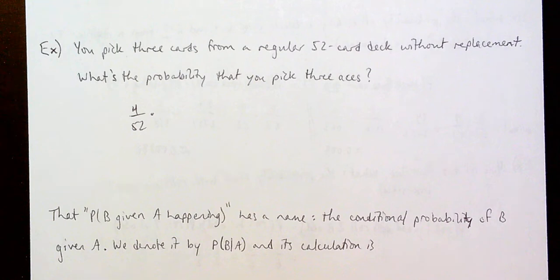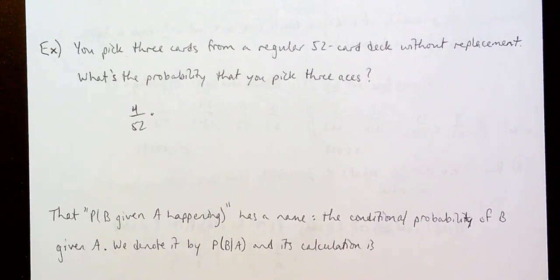You're now on your second draw. What's the probability of picking an ace on the second draw, given that you picked an ace on your first draw? Basically, given the new circumstances of how many aces are left and how many total cards are left in the deck, what's the probability that you pick an ace on your second draw?